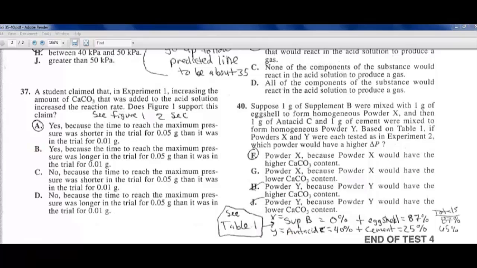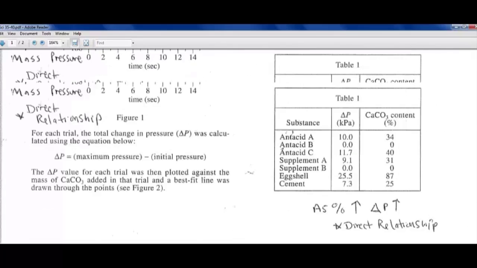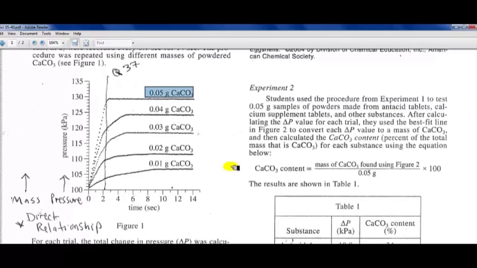B says yes, but the time to reach the maximum pressure was longer in 0.05 than it was in trial 0.01. Well, you already saw that because of the curve, you can see that we reach 0.05 pretty fast up here, and then it just basically tails off and goes up a teeny bit more and then levels off, whereas here it goes up, up, up, up to get to its maximum time.